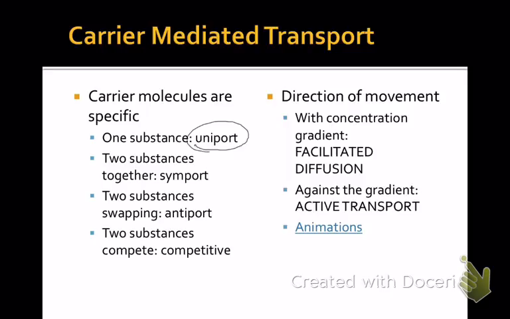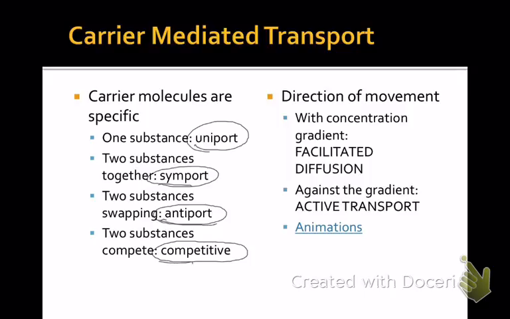So it has a little iodine transporter, and it takes just that one substance in one direction. That's a uniport. If it takes two substances together, that's symport. If it pumps two things in opposite directions, that's antiport. And if it can pump two different substances, but either one or the other, that's called competitive.